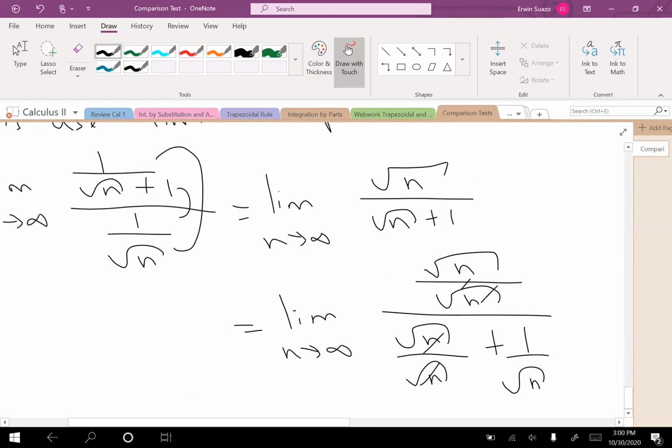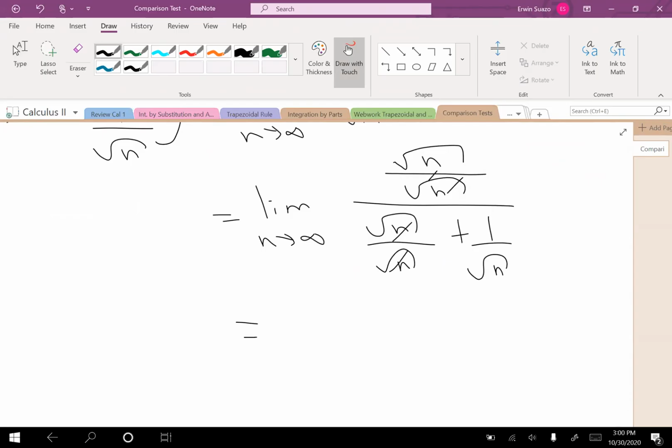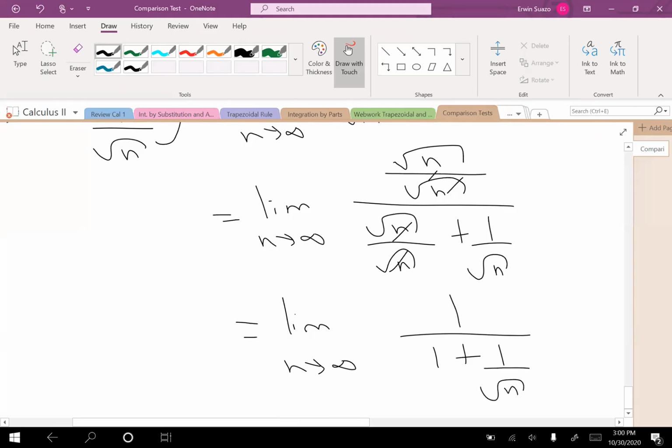Now this cancels, this cancels. So I get the limit as n goes to infinity of 1 over 1 plus 1 over square root of n. When n goes to infinity, this one goes to 0. So therefore, the limit is 1.